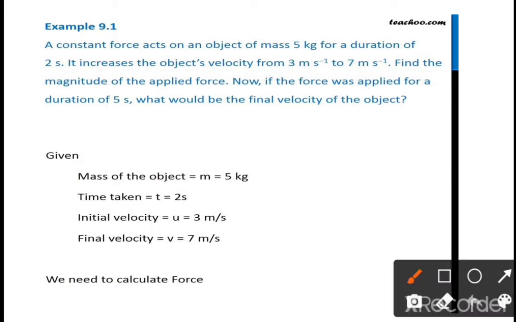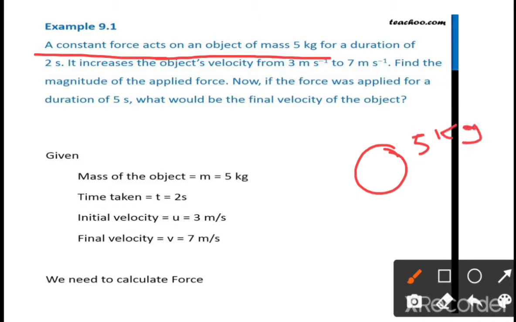See the first line. A constant force acts on an object of mass 5 kg. So this is an object. It has a mass 5 kg. And the constant force acts on this object for 2 seconds.